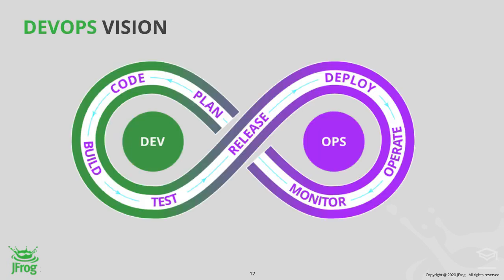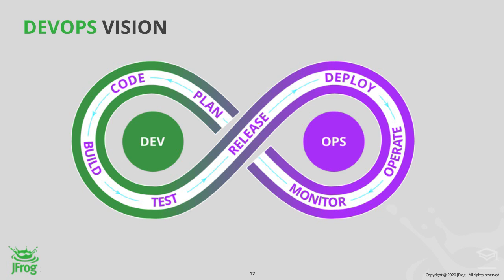Basically, the DevOps vision is talking about going on the development area from the planning of what you want to achieve, coding it, building your artifacts, testing them, and getting them to the ops part of the organization in order to release it, deploy it, and operate the environment. Obviously, you monitor it and go back to planning for more features or updates.